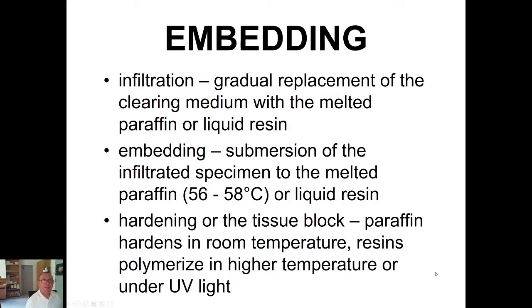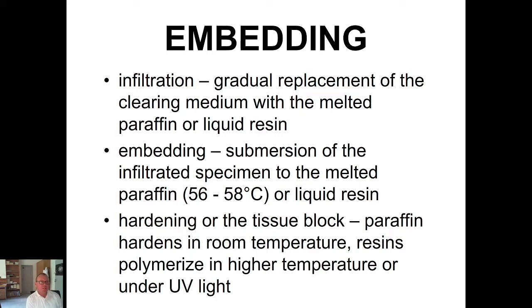Now we have got our tissue dehydrated and clear, and we can start with proper embedding. The first step is infiltration, because we have got now the embedding medium dissolvent in the tissue and the clearing dissolvent in the tissue, and we must replace it.